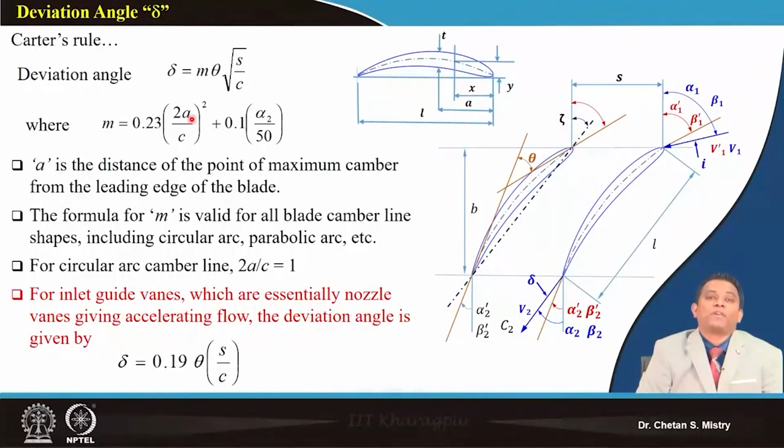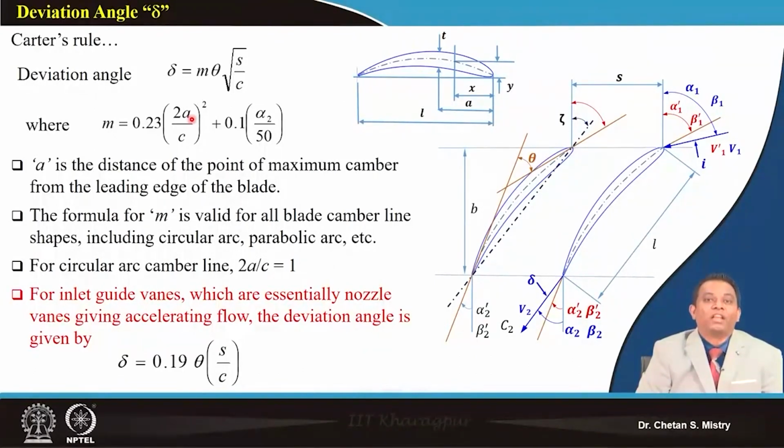At the same time, blade geometry, thickness distribution, the shape of the leading edge, the shape of the trailing edge, the radius of the leading edge, all those blade, cascade or aerofoil parameters change the incidence angle. And we have started discussing that with the change of incidence angle, we will have a change in the deviation angle at the exit.